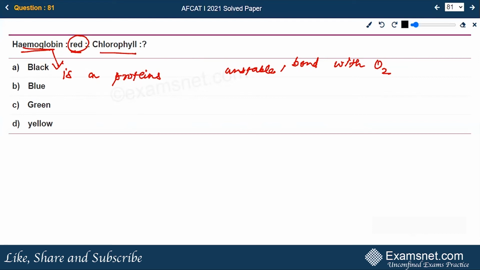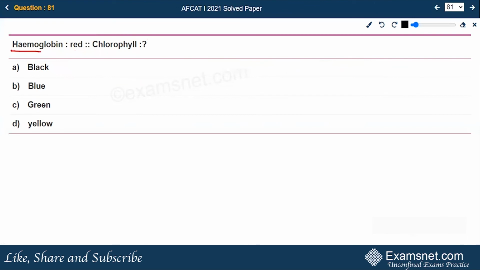Similarly, chlorophyll is found only in the green plants, and the green plants have their color as green because of the presence of chlorophyll only, right? So hemoglobin is related to red the same way chlorophyll is related to green, because the plants have their green color because of this chlorophyll only, just as the blood is red in color because of the presence of hemoglobin. So your answer to this question is option C, which is green.